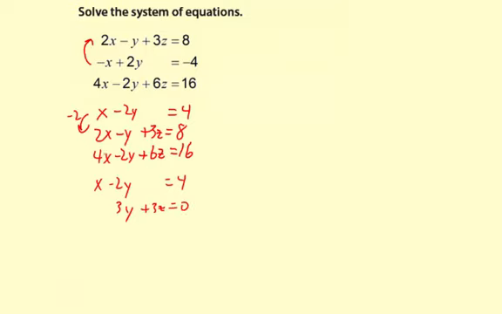And then this equation 3, as I'm recopying it, I'm noticing that all these terms can be divided by 2. So I'm just going to go ahead and do that. So equation 3 divided by 2 is going to be 2x minus y plus 3z equals 8. Now I want to make this leading coefficient for the y a 1, so I'm going to multiply through by 1/3 or divide by 3 for equation 2.